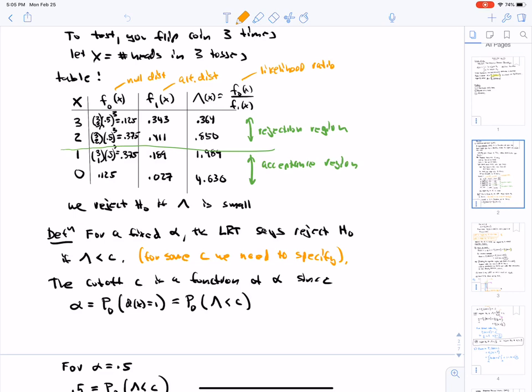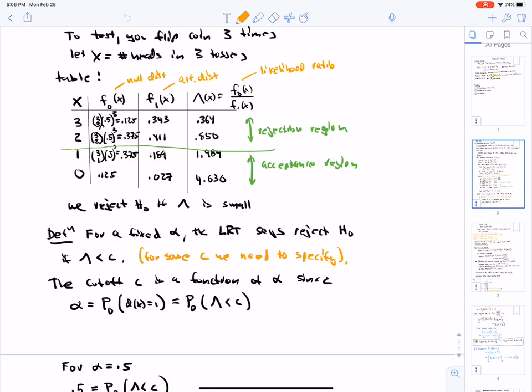Because that would indicate that we have a p greater than 0.5 of getting heads. To say that we would reject when x is greater, let's say 3, for example, would be equivalent to saying that the likelihood ratio is small, namely like 0.364.